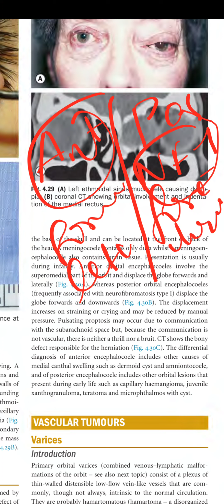So these are the important points of the encephalocele, and major differential diagnoses are dermoid cyst and amniotocele. So that's it for the orbit Part 5. See you in the next lecture.